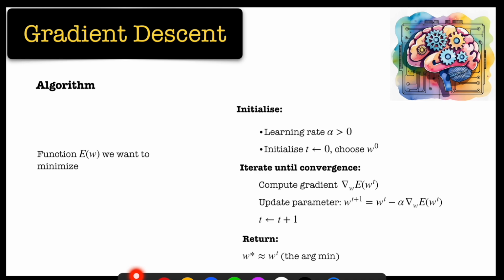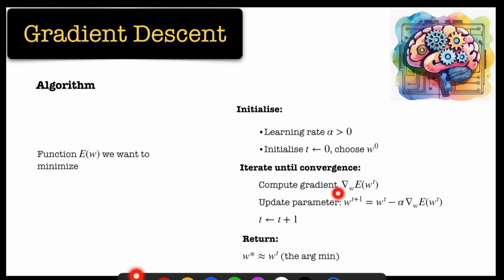Now here is the algorithm. Our function is this E(W), that is the error function or loss function that we want to minimize, right? We'll initialize the learning rate alpha to be some positive value. Initialize t equals 0, that is the first iteration, and we'll choose some initial weights W0. Then we'll iterate until convergence. So this part will repeat.